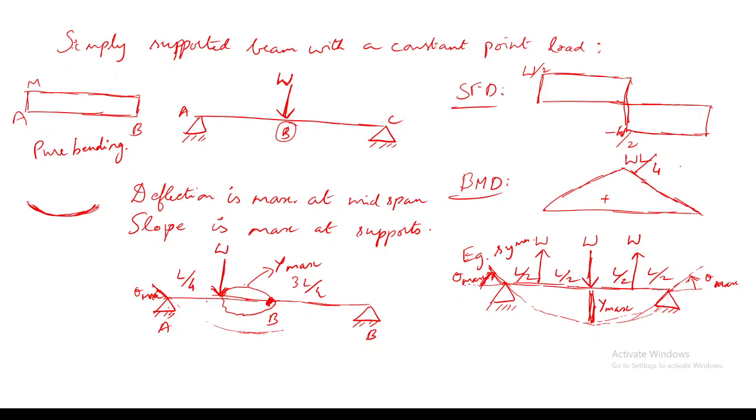Is it clear for unsymmetrical loading in which region you will get maximum deflection and in which region you will get maximum slope? Shall we proceed to the next problem?